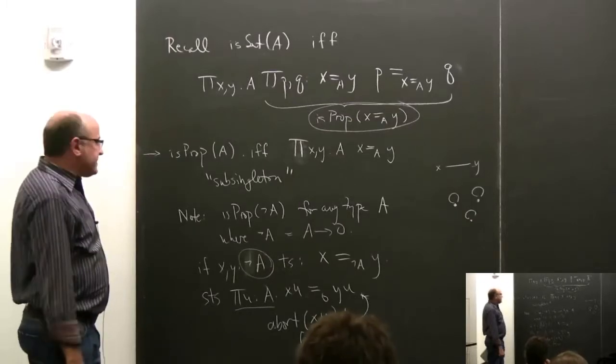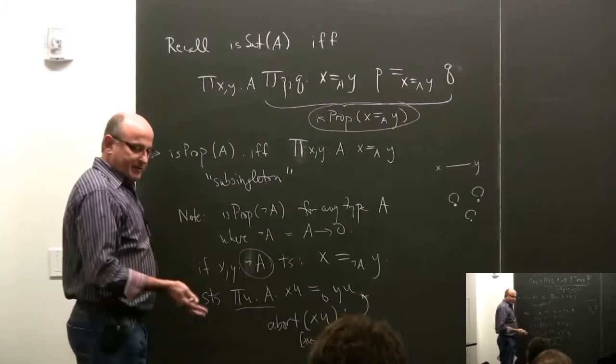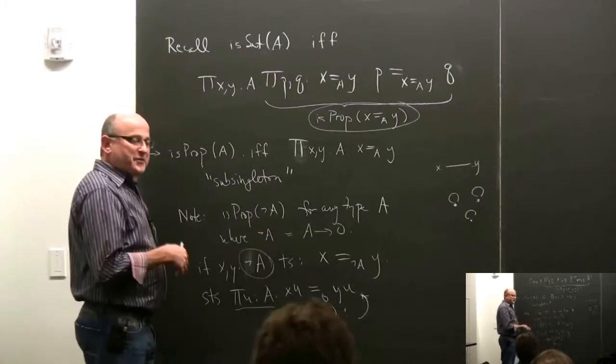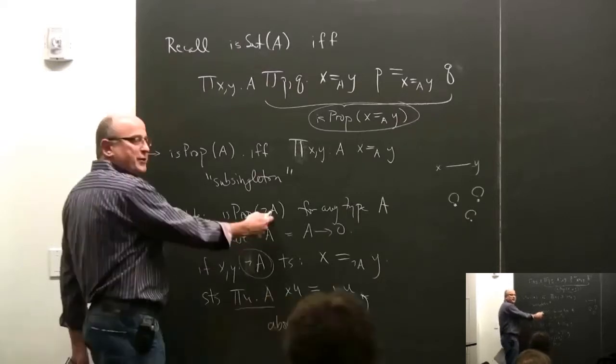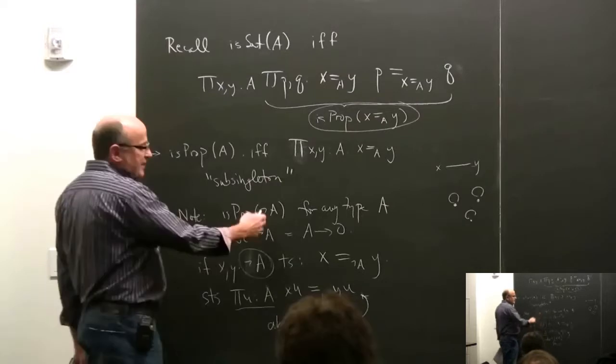So last time I stated it as: prove not on A is a proposition, which is true, but if you try to do that argument directly, you'd realize that what you're doing is showing that negated propositions have this property.